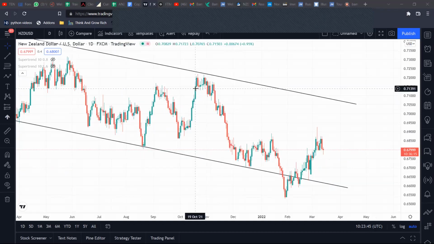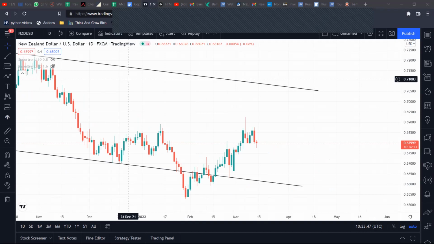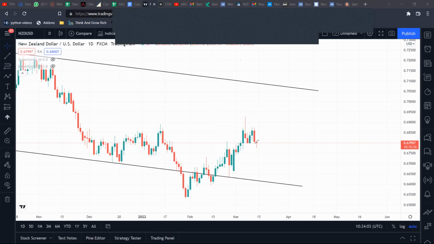Now, how can you look to participate in this? Well, remember, just like we looked at the DXY, we're looking at dollar weakness because it's at an area of supply or an area of resistance. So if we see a weakened dollar, it would actually support this bias for price to move up, because if the dollar gets weaker, the NZDUSD pair is most likely going to push higher.